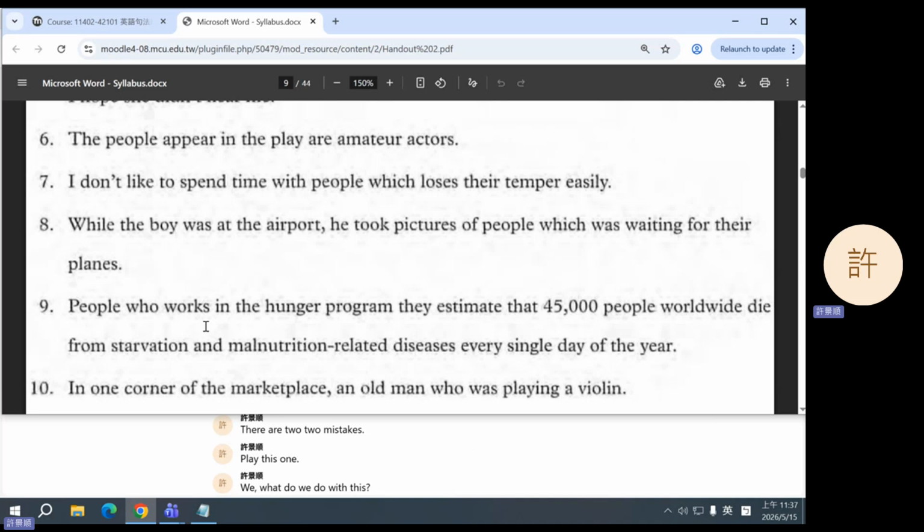Good, because "these people who," right? We already have the subject over here. We have moved it. We don't need it there. What's the other problem? This one? Good. How many people? More than one, right? So this should be "who work." Good.